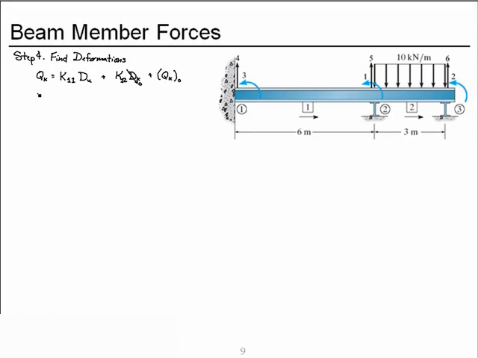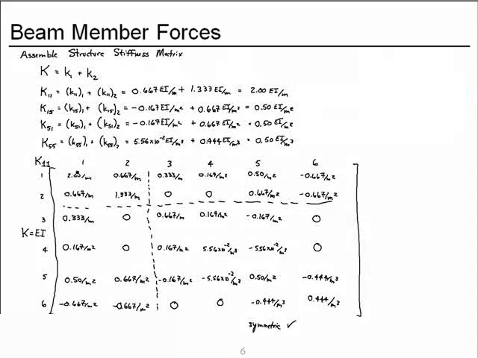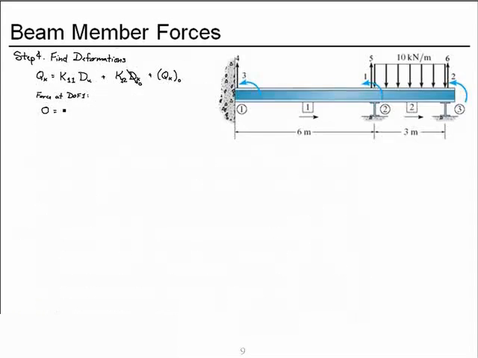So let's start with the first equation. Force at degree of freedom 1. We said that's going to be 0 equals, and so we need our first coefficient, K1 little 1, which is 2EI over meters.